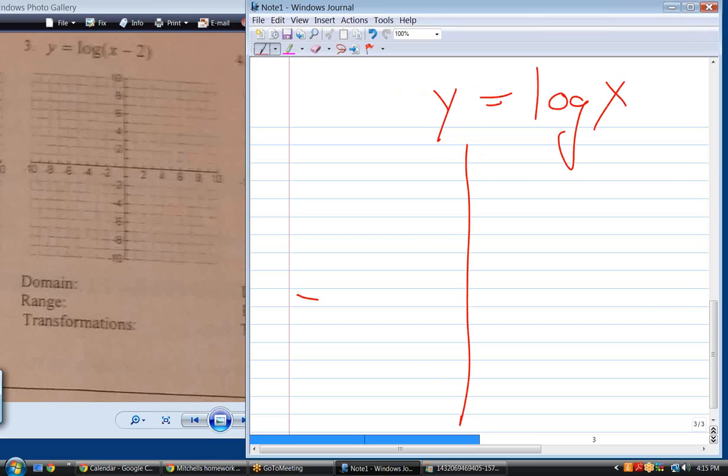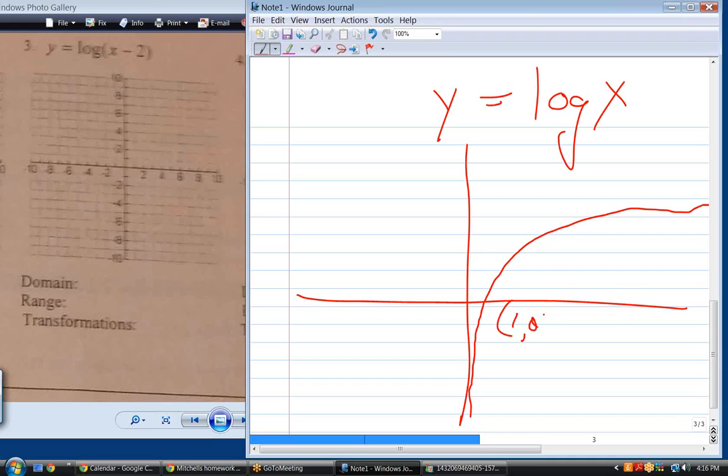And that looks like a log function. It comes up from negative infinity, and then it gets very flat. It's not so flat that it stops rising. There's no horizontal asymptote on this thing. In other words, as x goes to infinity, y goes to infinity.